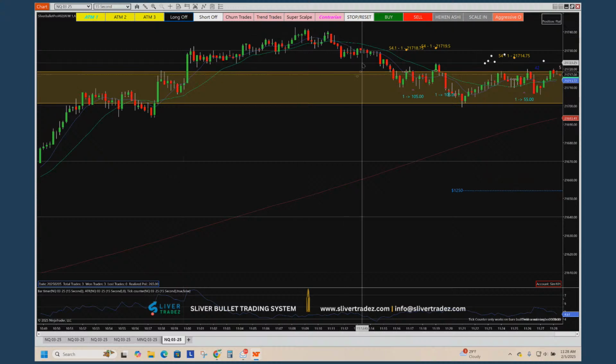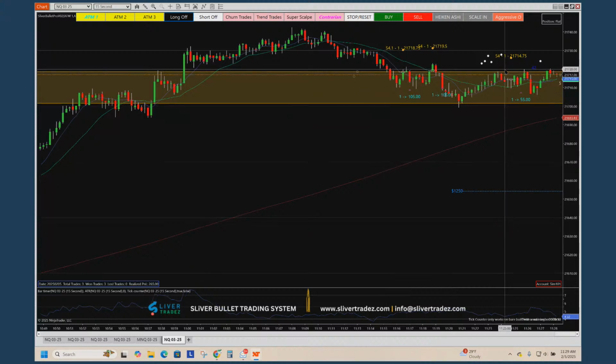It went out and came back in the range. You'll see here, it closed outside the range and then came back in, which I didn't like. And it did not break the previous high, this high either. Slightly it broke. So the market will go back and forth for some more time.